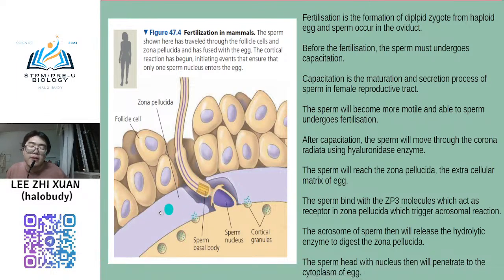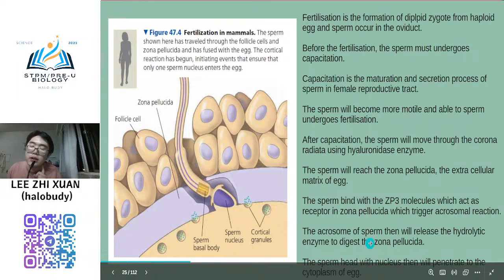The zona pellucida is the outer membrane structure of the secondary oocyte, so the sperm can penetrate into the secondary oocyte to release the nucleus. So the sperm head with nucleus will penetrate into the cytoplasm of the egg.